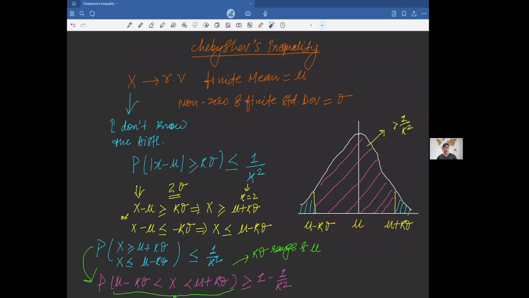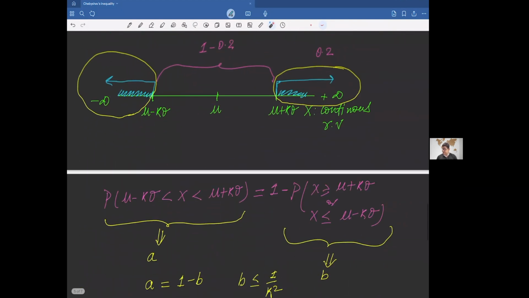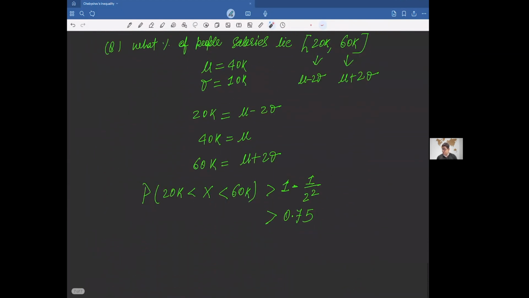All we are saying here is greater than 75%. The exact value depends on the distribution. I cannot say what the exact value is. If it is Gaussian distributed, it is 95%, which is again greater than 75%.